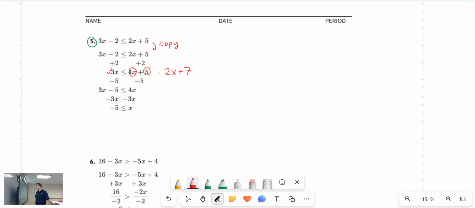So we would get negative 5 is less than or equal to x. All right, so it seems like this is the only mistake in the problem. So let's solve it the right way. Their first step is where they went wrong. So 3x minus 2 is less than or equal to 2x plus 5.